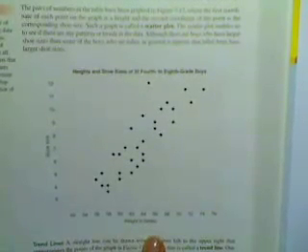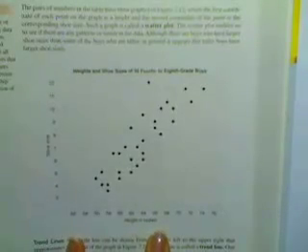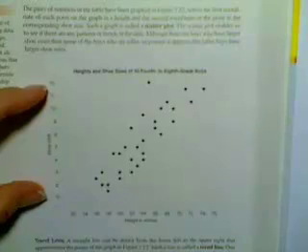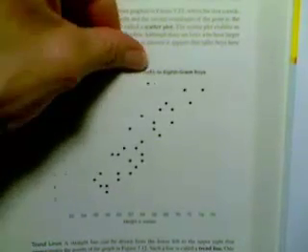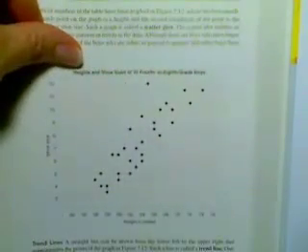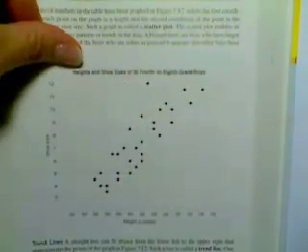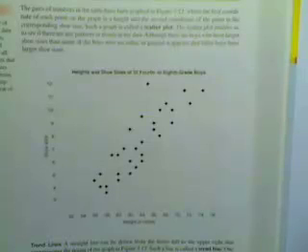I put height on the horizontal and I put shoe size on the vertical. It has a title. And we plot it as ordered pairs.